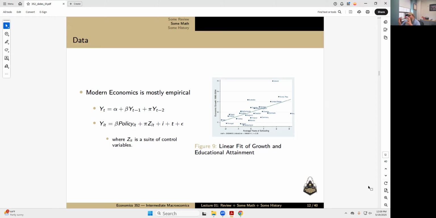And so this review is just, again, to remind you what economics is, right? It's a discipline that's interested in how market dynamics translate into human prosperity.